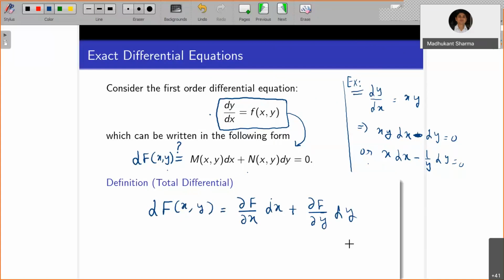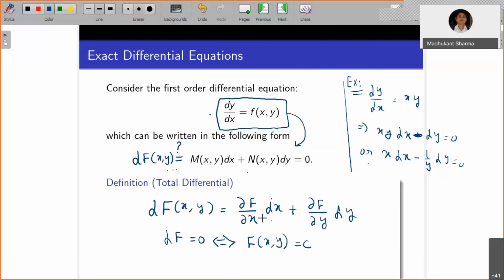If so, then dF equals 0, and the solution is a one parameter family, which is nothing but F of x comma y equals c, a constant. So dF equals 0 means F is constant. That gives the one parameter family which solves this equation.